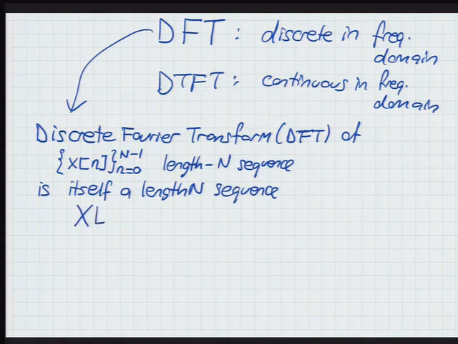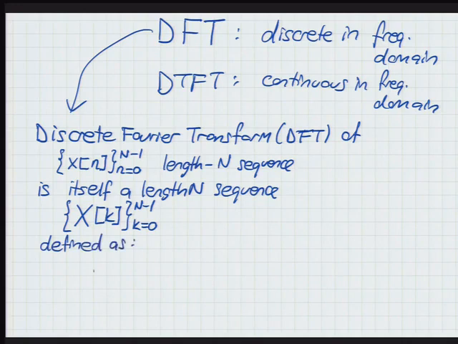Since it's also length N, I'm going to label it with index k and go from 0 to N minus 1. It's only convention that we go from 0 to N minus 1. If you want, you can start at 140 and end at 140 plus N minus 1. So completely your call. But we'll stick to this convention. So it is a length N sequence defined as follows.